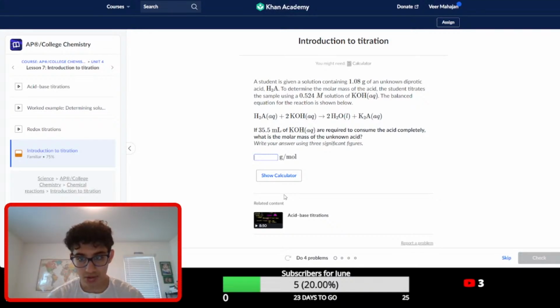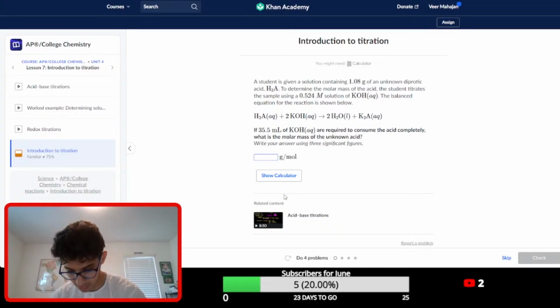And the molarity, we know the molarity, right? It's 0.524. So that's just equal to the number of moles divided by 35.5 milliliters, which we need to put in terms of liters. So that will be 0.0355. Multiply them out to figure out the number of moles. So the number of moles of potassium hydroxide is going to be 0.524 times 0.0355.